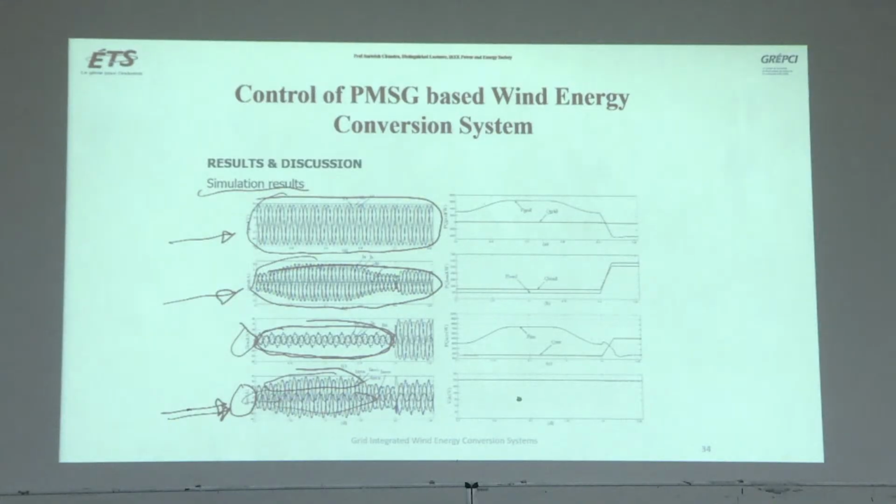And if you see here, you will see that it is in phase opposition to this voltage. It means the current of the generator is being pushed into the grid. So voltage and current in phase opposition means the power is going into the grid.